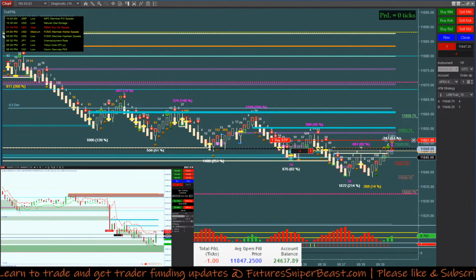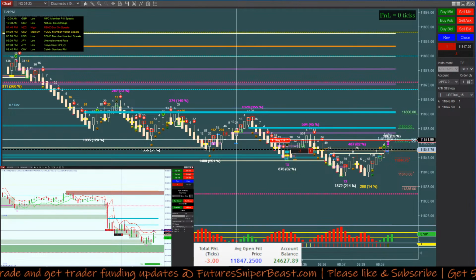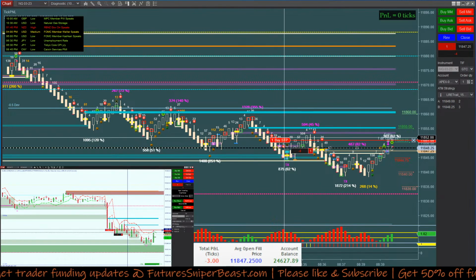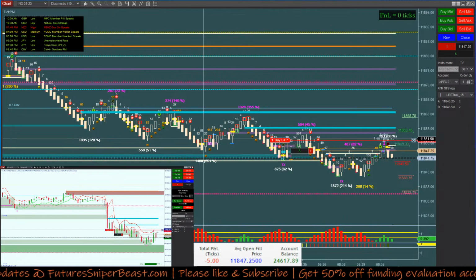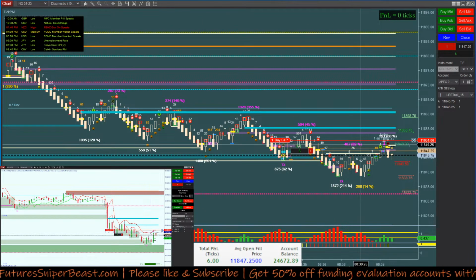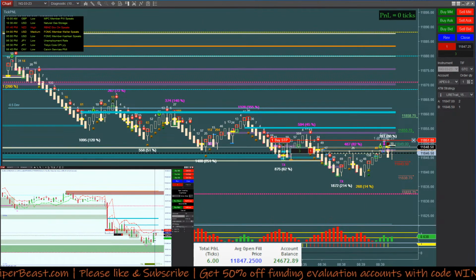All right. It's at all those clusters. Let's see if this thing will come back down at least to the flux level there.